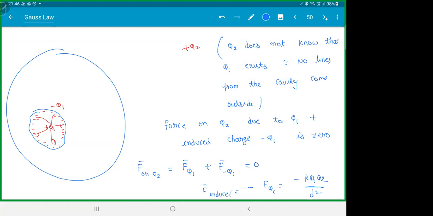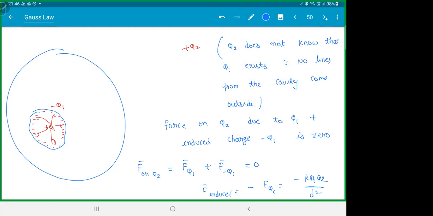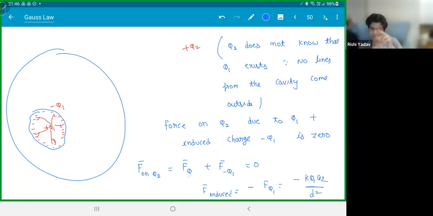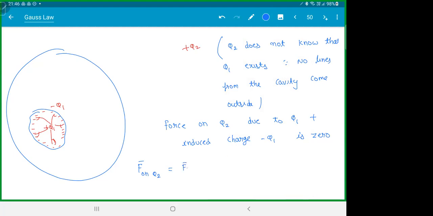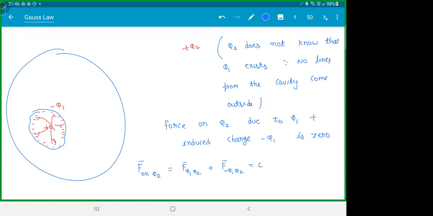Rishi, make sense? Sir, was F Q1 the force due to Q1 or force on Q1? This is the same doubt. I'm not getting the F Q1 part. This is F of Q1 and Q2, okay? This is F of minus Q1 and Q2. This should be 0, no? Got it?